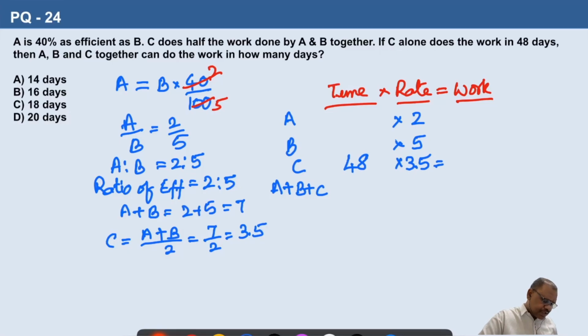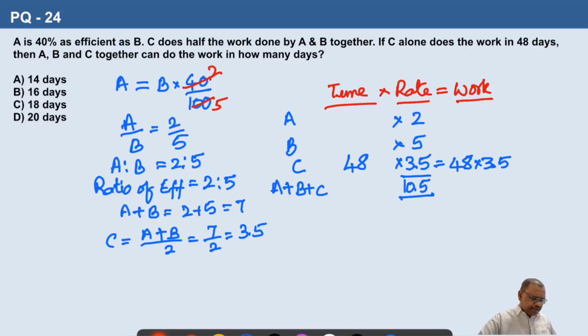So what is the total work? 48 into 3.5. Let us not multiply, write down as it is. 48 times 3.5 is the total work. So what is the total efficiency of all the three? 2 plus 5, 7. 7 plus 3.5, 10.5.